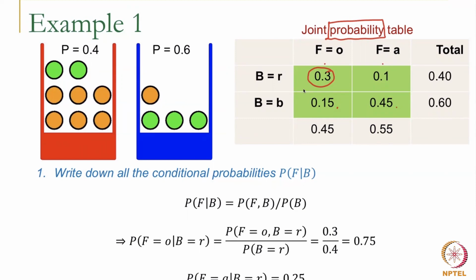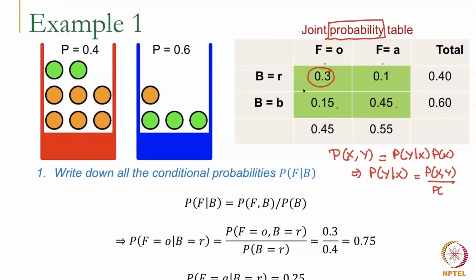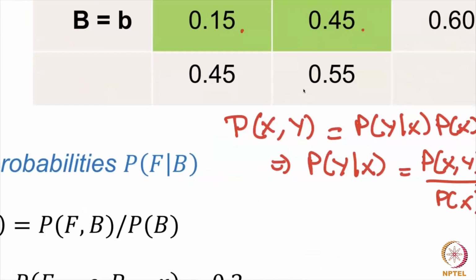Now here we are going to use our product rule. The product rule, remember, was P of x comma y is P of y given x multiplied by P of x, which gives us the conditional probability P of y given x is P of x comma y divided by P of x. Now notice how intelligently this notation has been chosen.